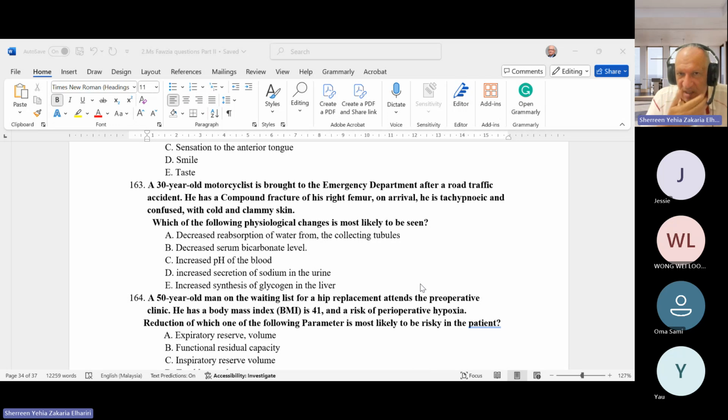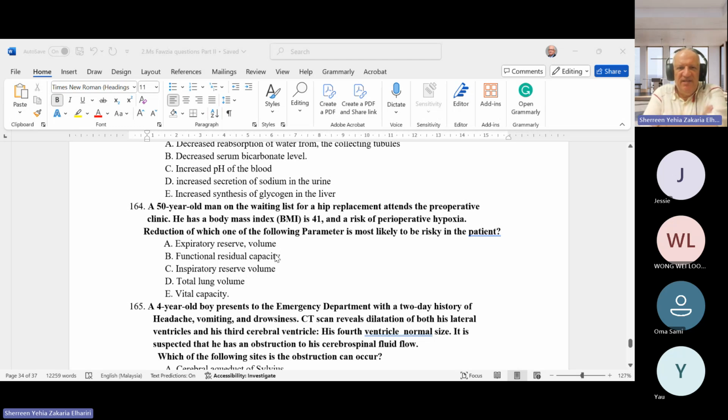So which of the options is related to this metabolic acidosis? Decreased serum bicarbonate level. Yes, correct. B, decreased serum bicarbonate level. Okay.